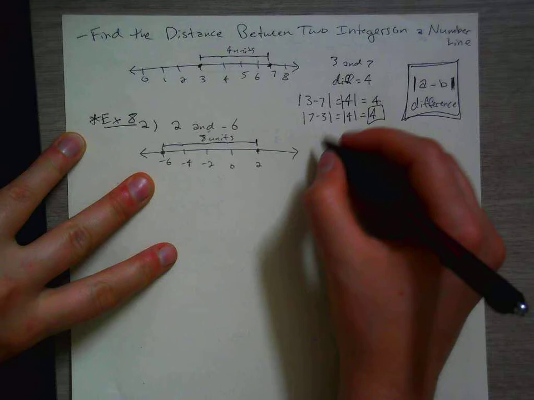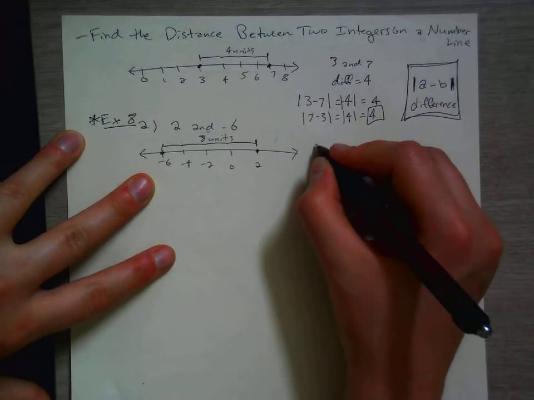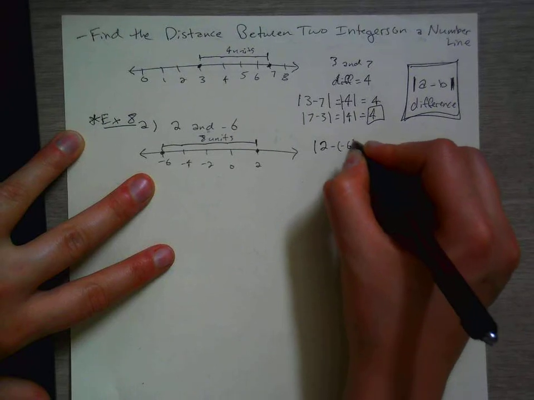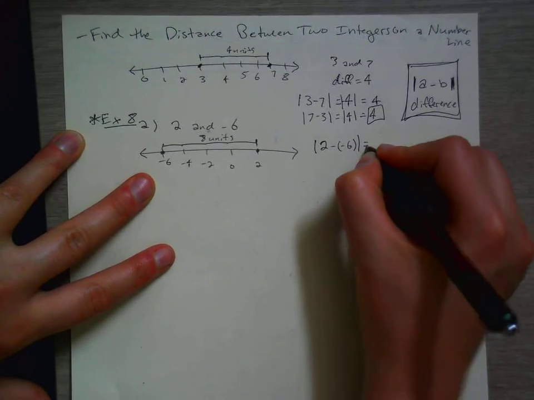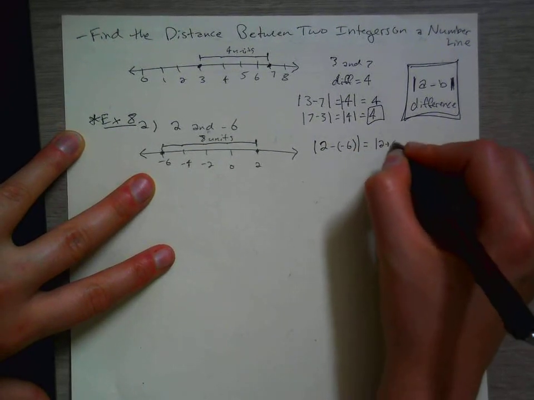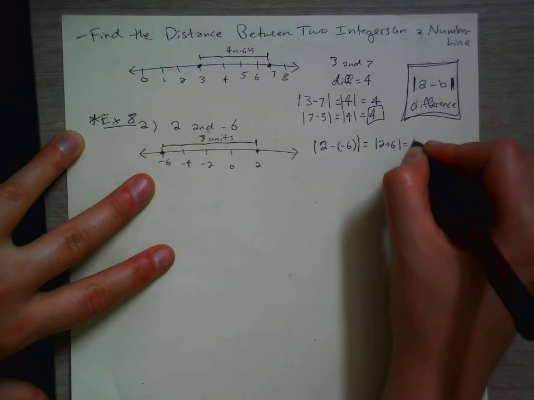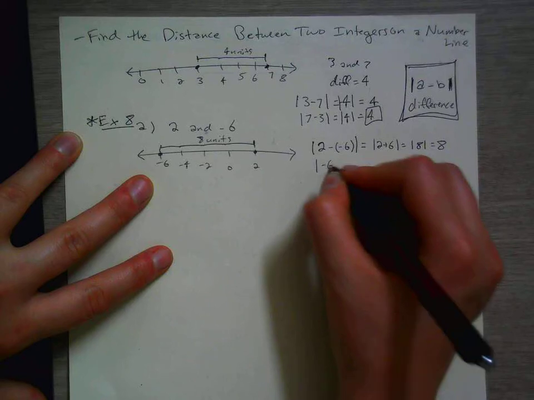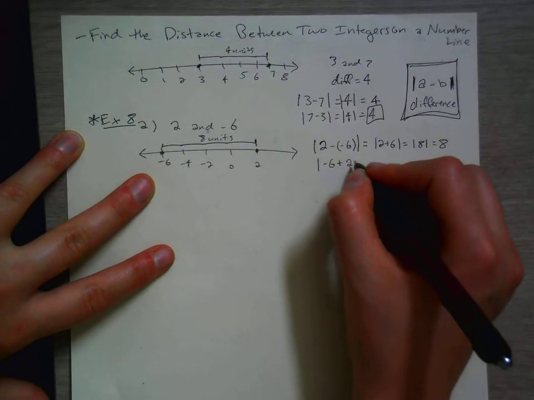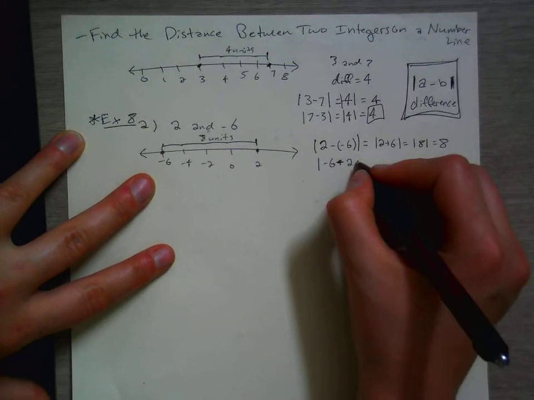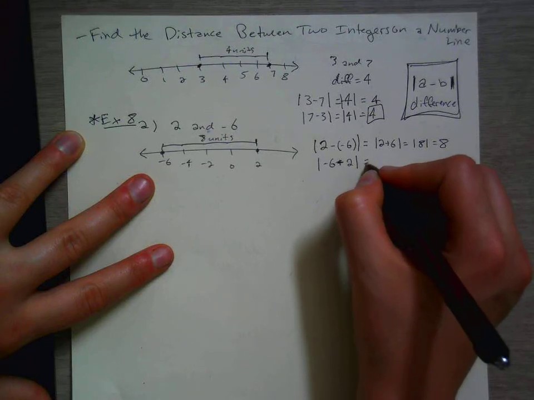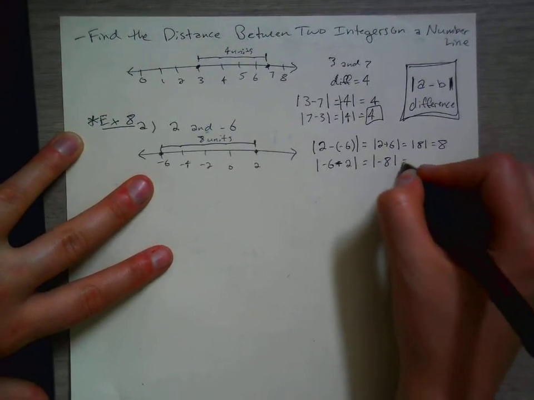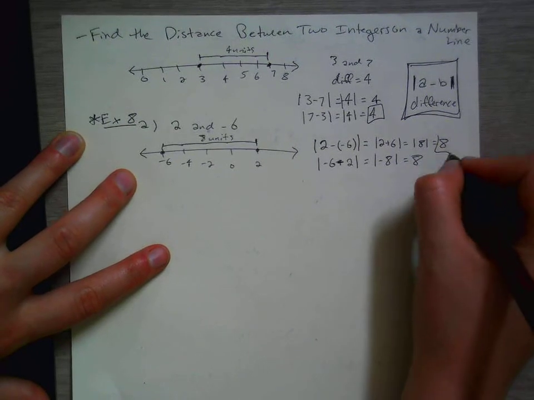You could also do it in method 2, where you say 2 minus negative 6. Absolute value of that is 2 plus 6, which equals absolute value of 8, which equals 8. Or you could say negative 6 minus 2 equals negative 8. Absolute value of negative 8 is 8. So 8 is our answer in both cases.